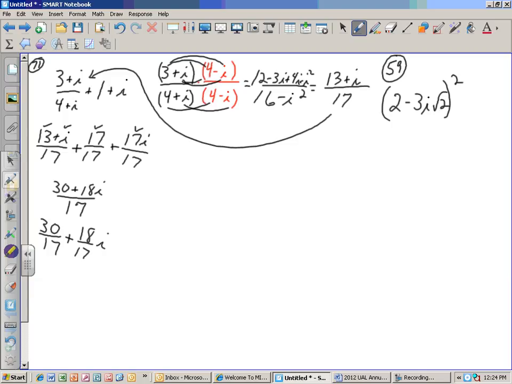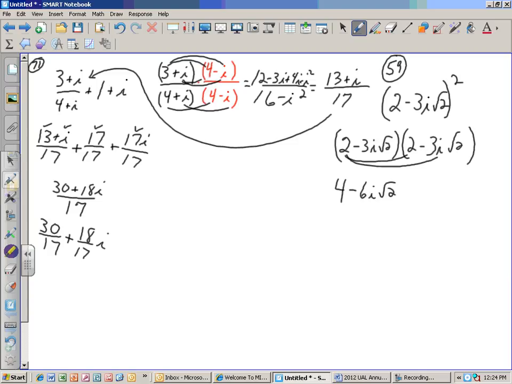What I suggested yesterday is that you break it up this way, 2 minus 3i square root of 2 times itself, and then use FOIL. The tricky part is FOIL here. 2 times 2 is 4. 2 times negative 3i square root of 2 is negative 6i square root of 2.